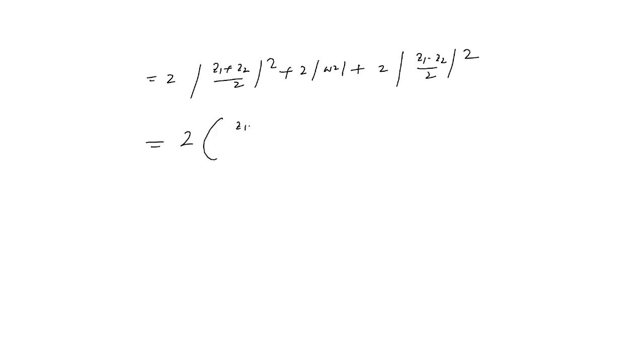So here this equals 2|(z1+z2)/2|² plus, after simplification, 2|w|² or w² to |(z1-z2)/2|². So again we take this quantity, |(z1+z2)/2|² plus |(z1-z2)/2|², plus 2|w|².